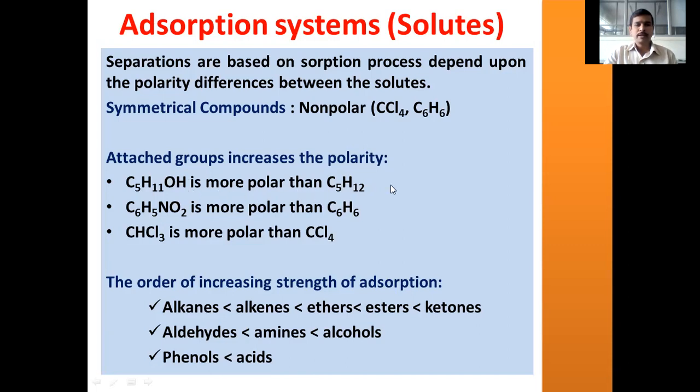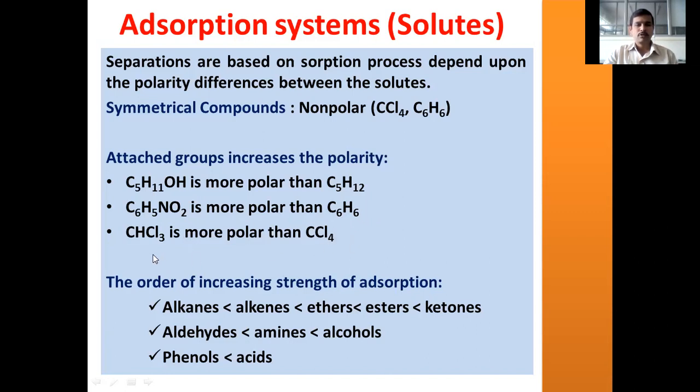So non-polar n-pentane becomes n-pentanol, which is more polar. So C5H11OH is more polar than C5H12. Similarly, if you take benzene, benzene is non-polar, but nitrobenzene is more polar. The substituent nitro group becomes responsible for altering the polarity of benzene. So benzene is non-polar when compared to nitrobenzene.